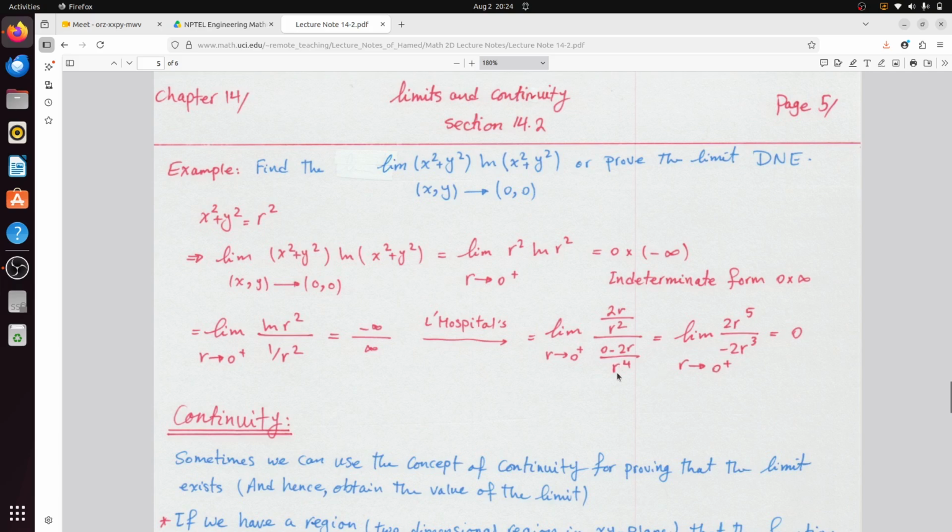Now if you just multiply it and make some calculation, you will get limit r tends to 0 plus 2r5 by minus 2r cube. So here you will get just minus r square, which tends to 0.